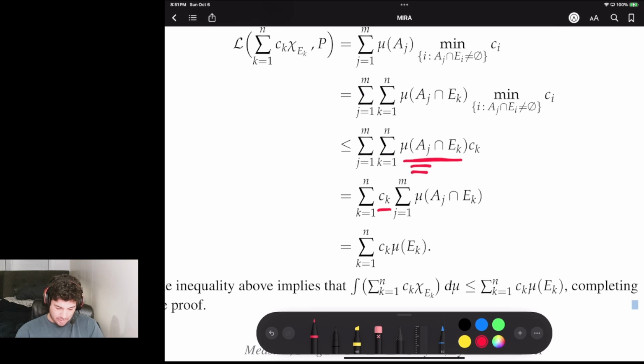This term here is a sum over k and j, but since these are finite sums, you can switch the order of the index. And since it's only indexed by k, it has to stick with the sum that's indexed by k. That's the reason why it's separated like this.